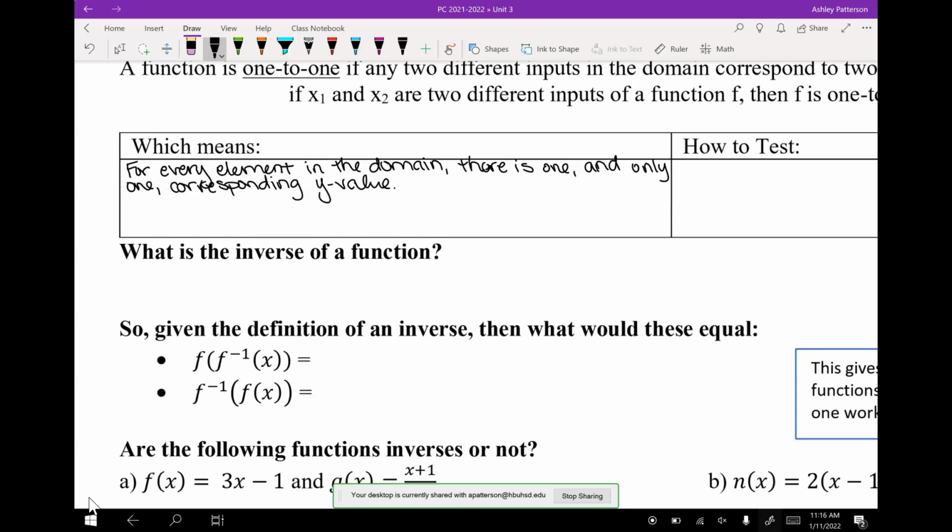Okay, for every element in your domain, there is one and only one corresponding y value. And for every element in the range, so for every y value, there is one and only one corresponding x value.